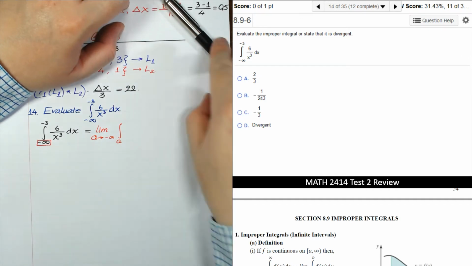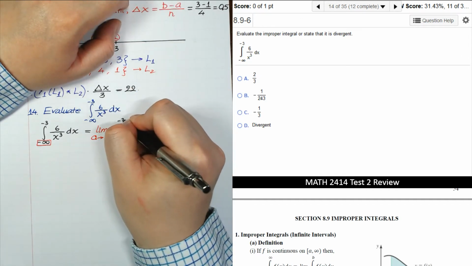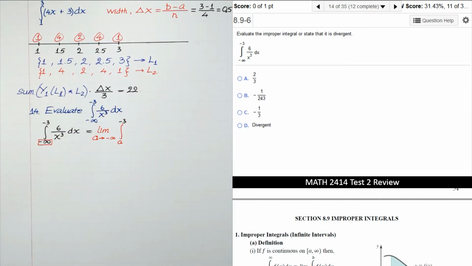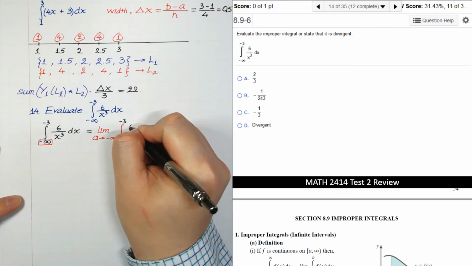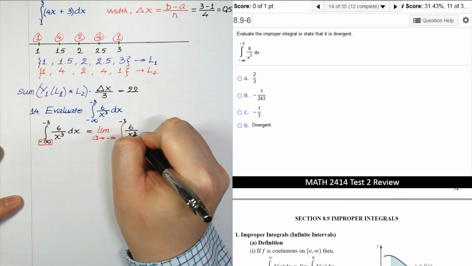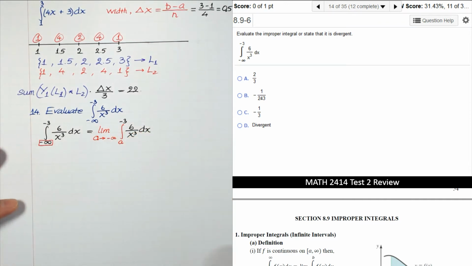So go from a to negative 3 instead of negative infinity. So first thing in an improper integral is to replace the limit. And then we just integrate.